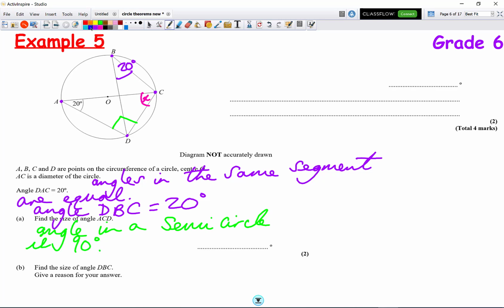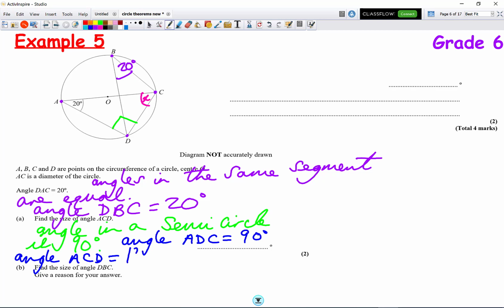So we could say that angle ADC is 90 degrees. And now we want to work out angle ACD.